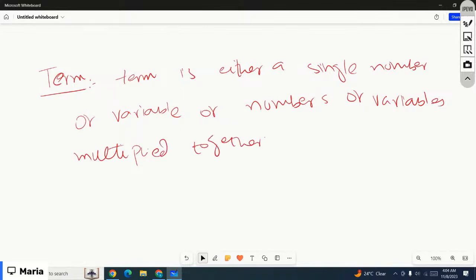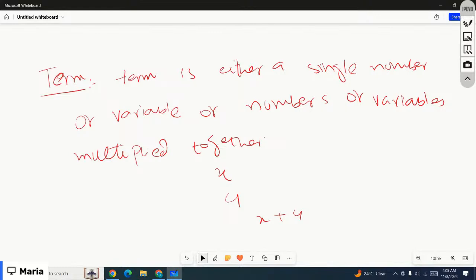So terms are separated by plus or minus signs or sometimes by divide. So basically x is a term, 4 is a term, and x plus 4 is also a term, right? You can write them as a single number, a variable, and you can combine numbers or variables. That would be the definition of the term, right?